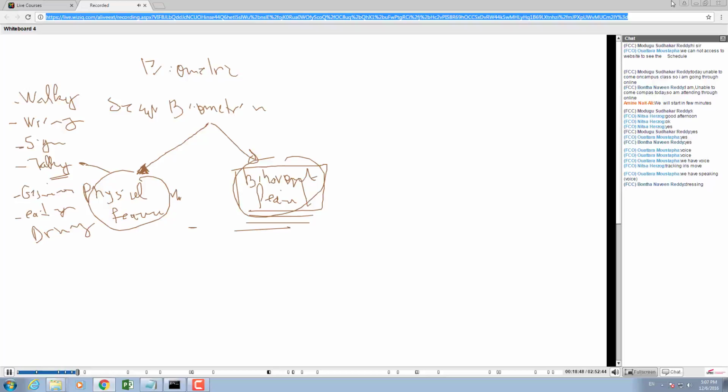It depends from which point of view you use the voice. If you analyze directly the signal, because sometimes the voice can be classified as physical and sometimes as behavioral. So it depends, but we can consider this. Bonta Naveen said dressing. What do you think? Yes. It may also be information, the way you are dressed. What else?